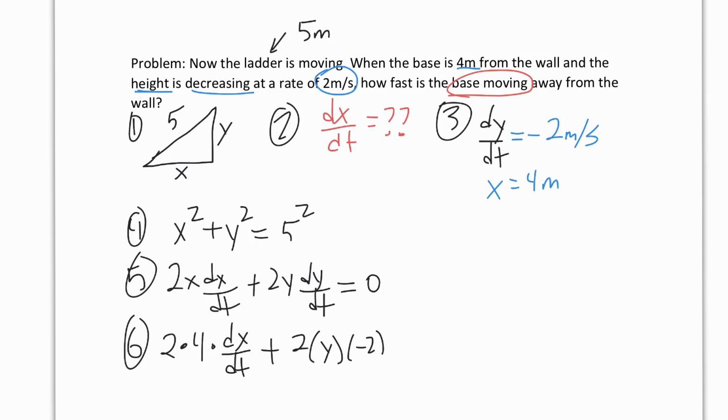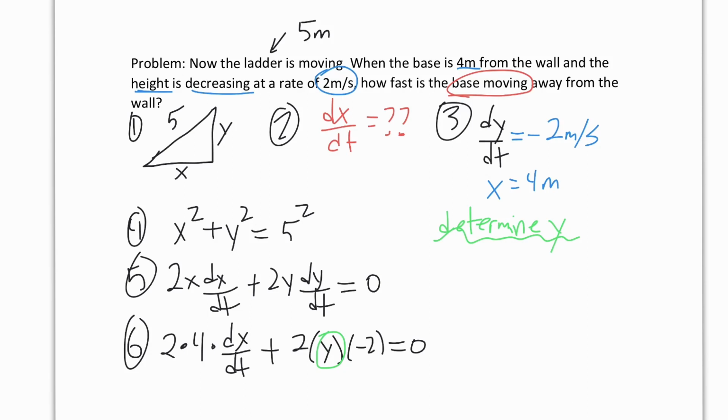So this is a bit of a problem. Notice, we have this extra variable right here. This is not good. If we were going to rearrange and solve for dx/dt, we're going to have a y left over, and we need to plug in for the y. So over here we have a bit of a mini problem. We need to determine y.